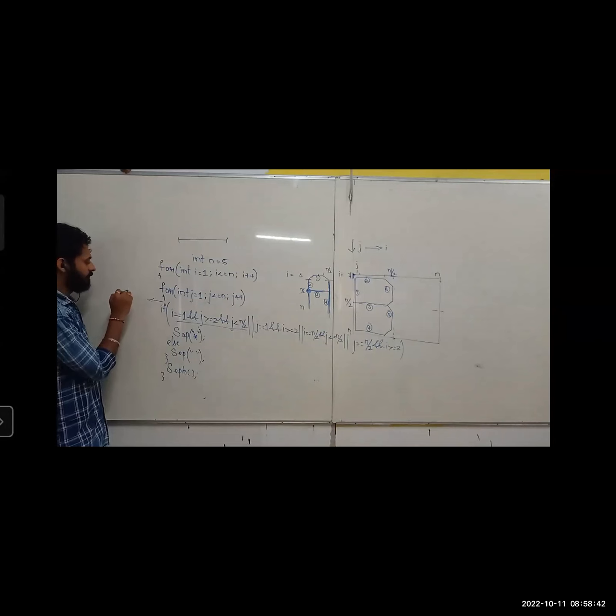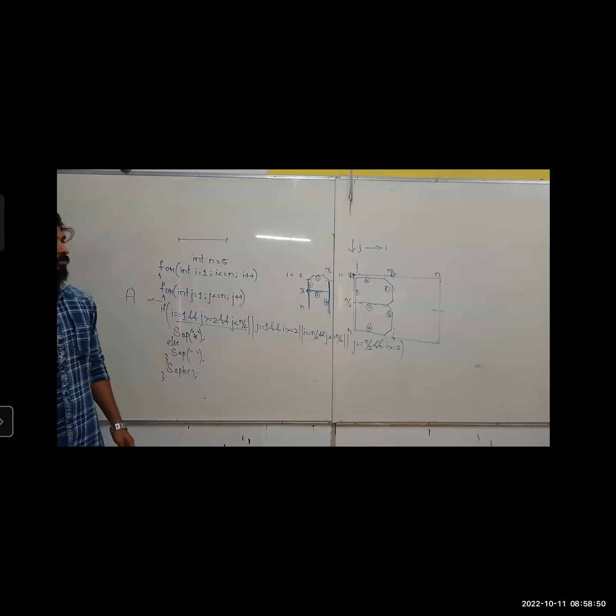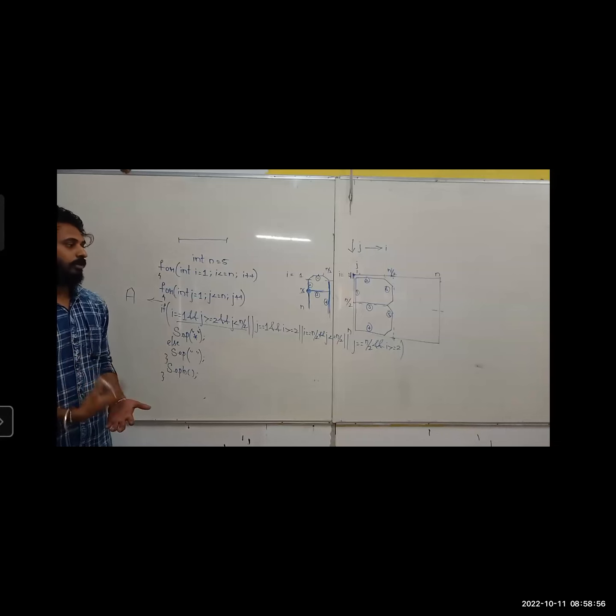Sir, actually, when j is equal to n by 2, this line when I printed, there's some problem. Okay.